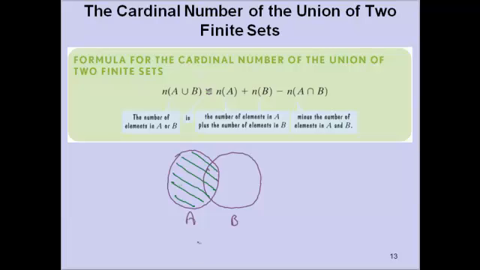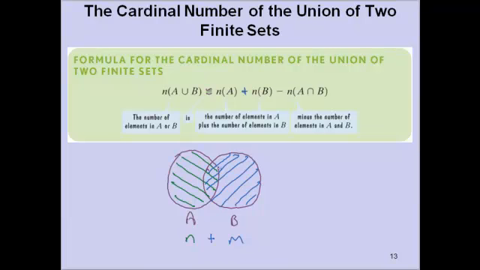Alright, and we call that N. Then we're going to add all of the elements in B. All the elements in B are over here. We'll say that's like N. And you look and you go, whoa, there's some stuff in here that we've counted twice.